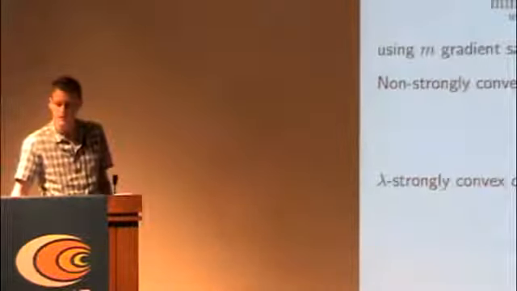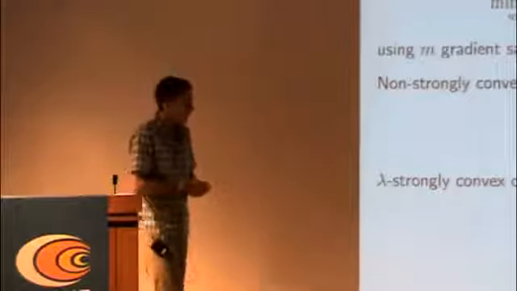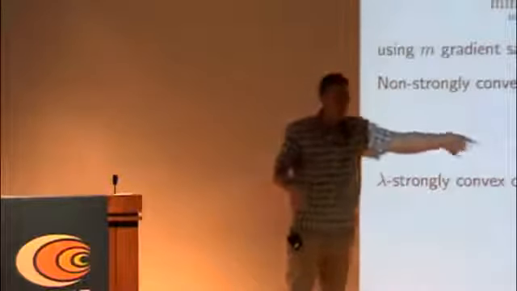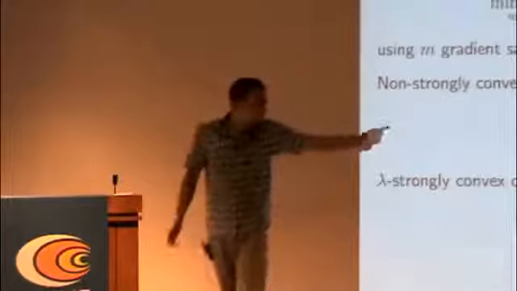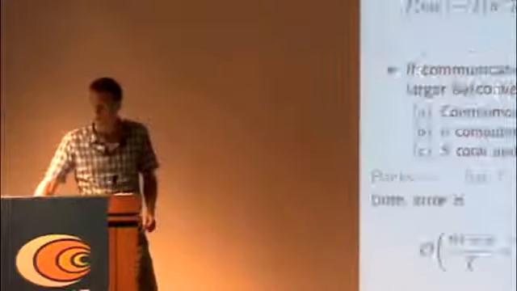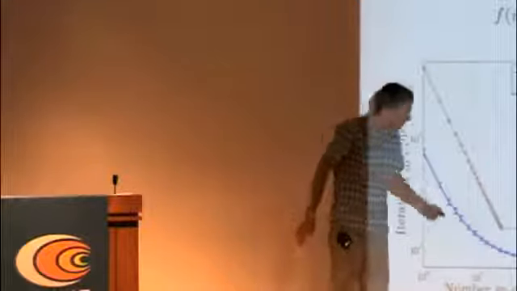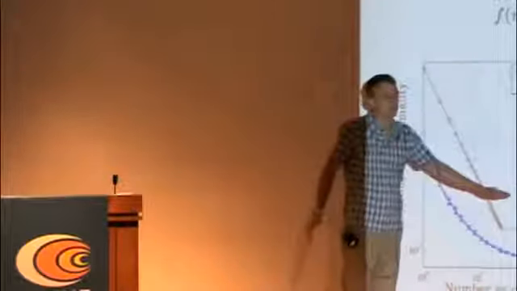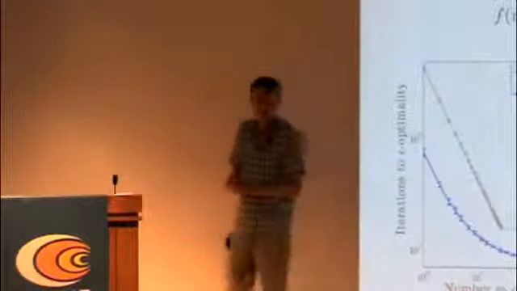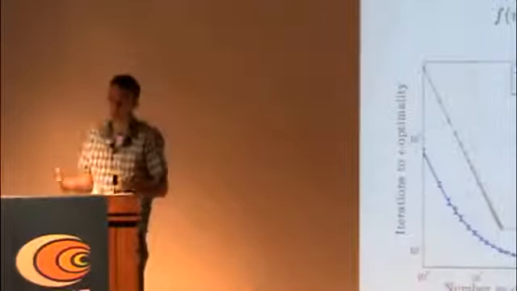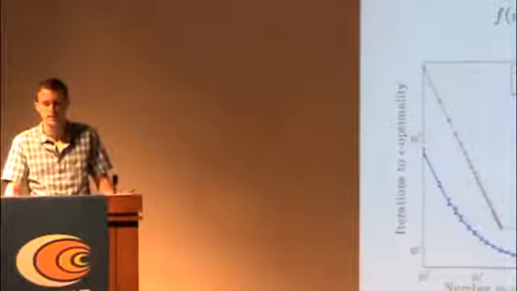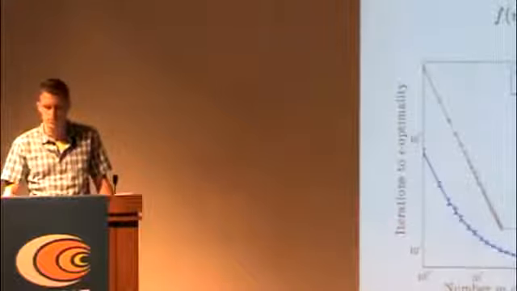If you look at the bound, if n gets large enough, eventually the 1 over t or 1 over t squared terms are going to dominate. So this is just showing that plot, saying that as the number of gradient samples goes to infinity, we start to see less improvement from parallelizing. Eventually we get to just the deterministic rates.